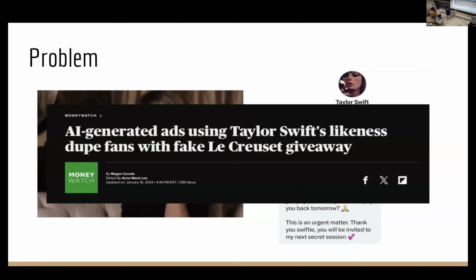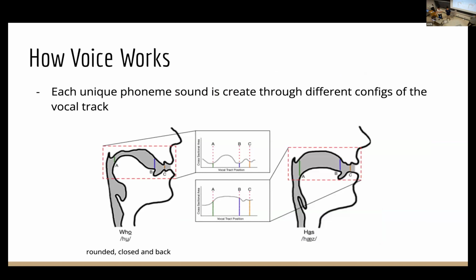Before talking about the paper, I'll introduce some background on this research, which is how voice works and what a deepfake is. How voice works is a combination of your vocal tract anatomy. If I say who, the oo sound is a rounded, close, and back phoneme.